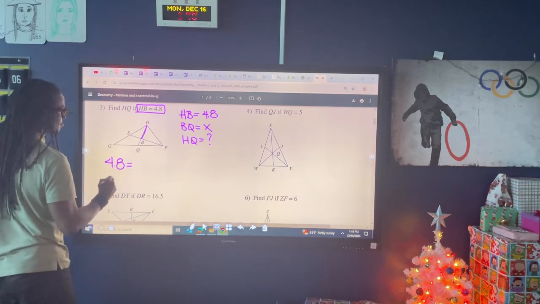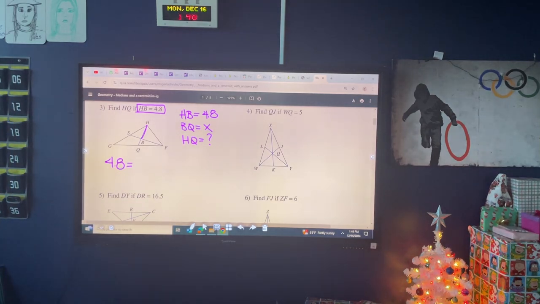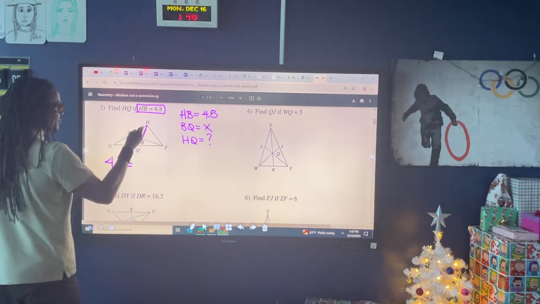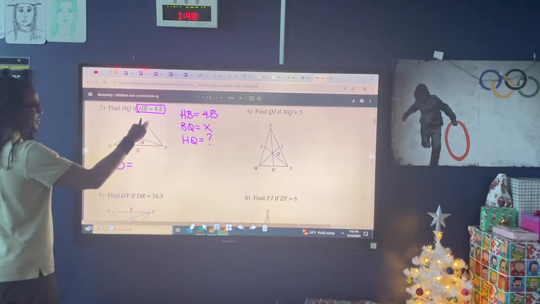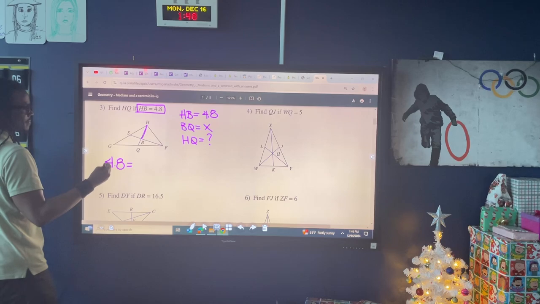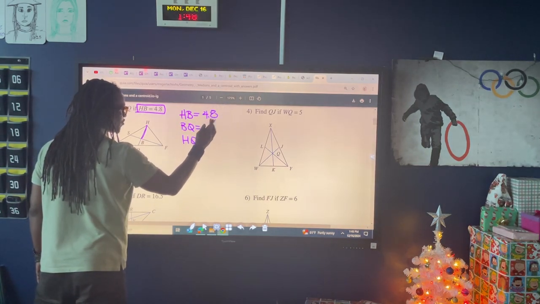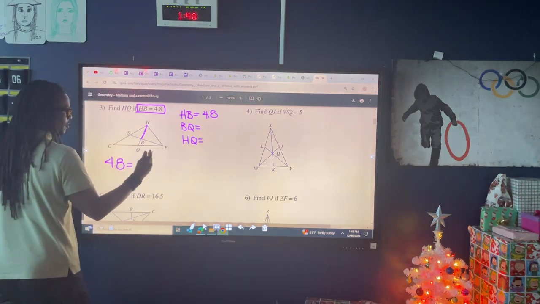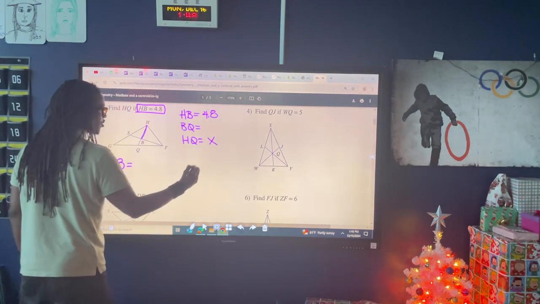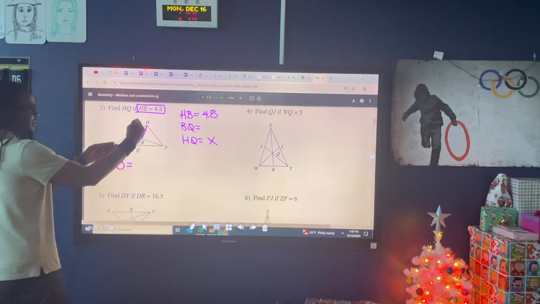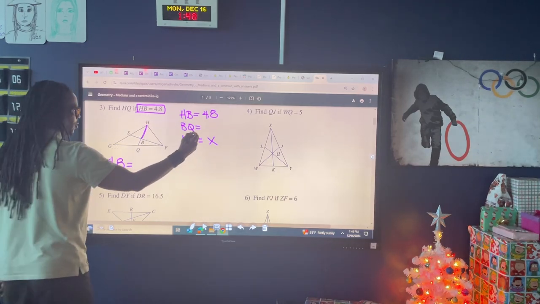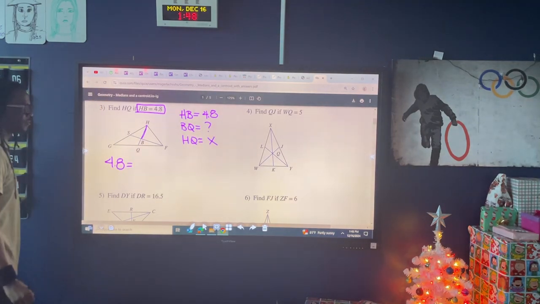HB is what of X, of the entire thing? It's 2/3. So what we need to do is change these around. We are looking for HQ. We'll call HQ X. The entire distance is what we're looking for. We don't know what BQ is.